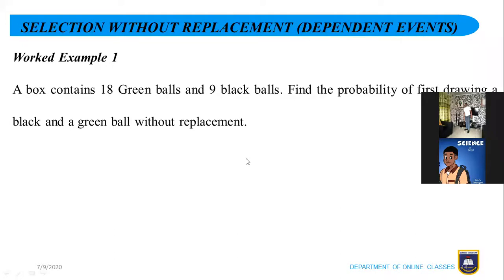So in an examination, the question will tell you whether the item you've picked is replaced or not replaced. In this case, we are being told that without replacement, which means if you pick a particular colored ball, you are not going to replace it again.